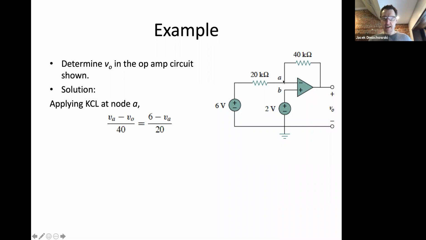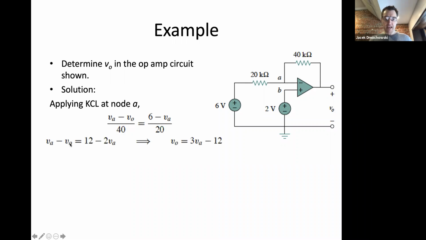We're going to know that VA is equal to 2 volts in just a second. And then VA minus V naught over 40 is the current that flows from here to here. Remember, the current in op amps flows exclusively on the inputs, the feedback paths and the output. None of it goes into the op amp. So the current that crosses the 20 kilo ohm resistor will avoid entering the op amp and will take the feedback loop over here.